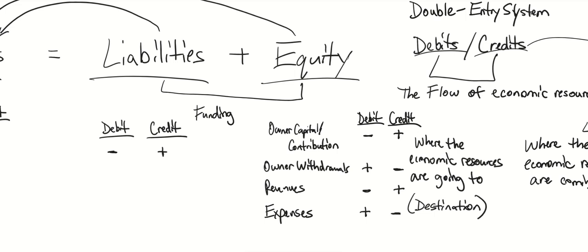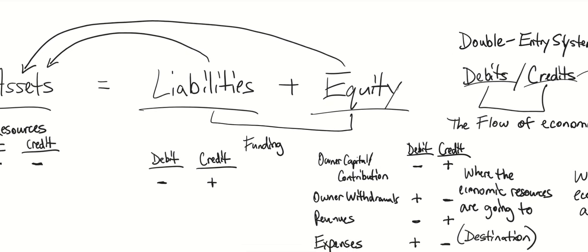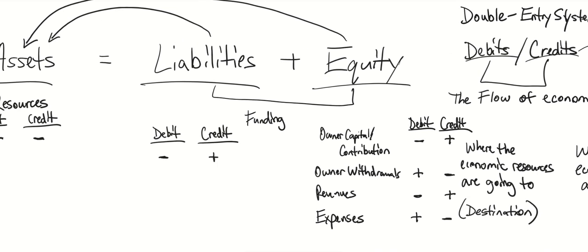This means that the credit balance should be greater than the debit balance. So the credit balance in the revenue account should be greater than the debit balance in the expense accounts. This is normal, which means that if owner capital and revenue should be greater than owner withdrawals and expenses respectively, then your equity here should have a normal credit balance.